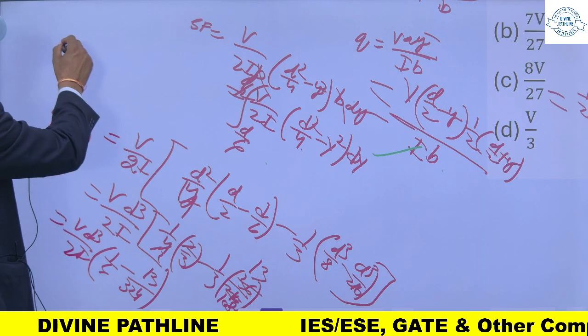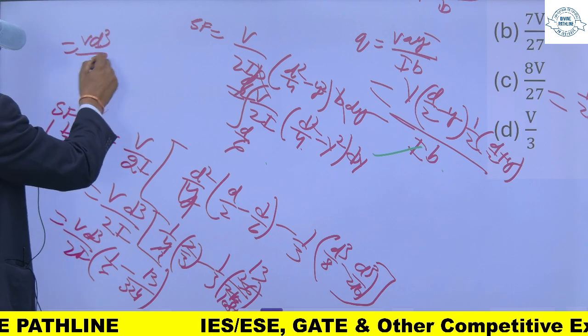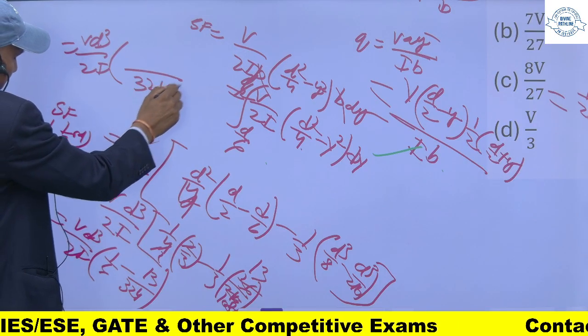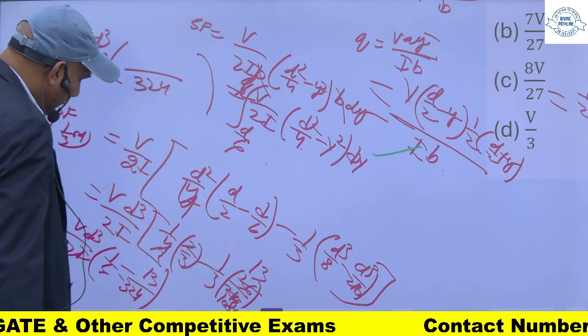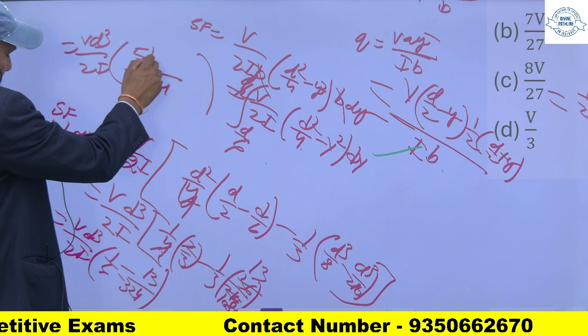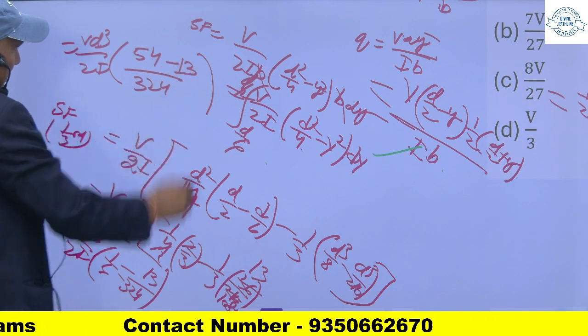And this will be V D cube upon 12I into 324 is the LCM you will get, and this will be 54 minus this one.